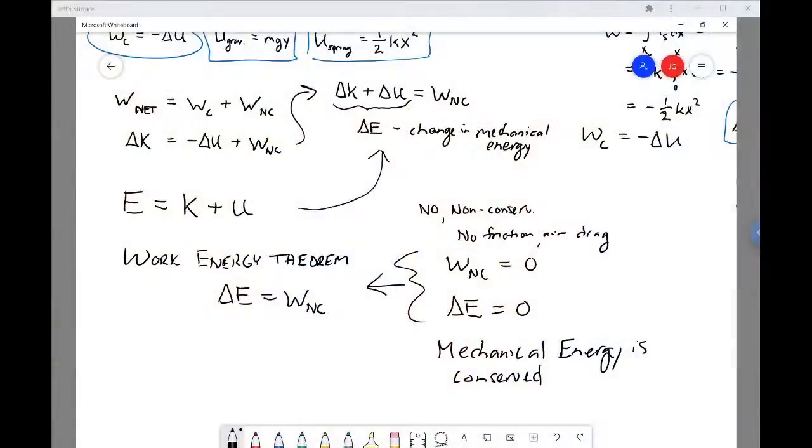Look at the formula here. If there's a non-conservative force that does negative work, W_NC is negative, delta E is negative. What does that mean? Mechanical energy, E, is decreasing. The system is losing energy because there's a non-conservative force that does work.